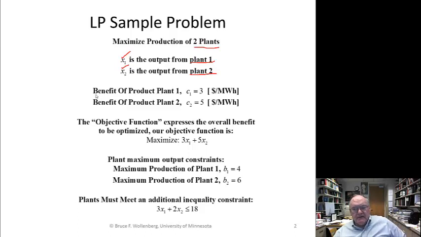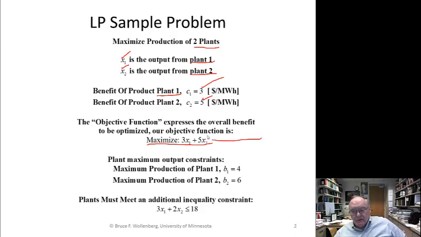And we said the benefit of using plant 1 is this benefit in dollars per megawatt hour, and the benefit here is 3 and 5. So the objective function then is simply to maximize this, 3 times x1 plus 5x2.